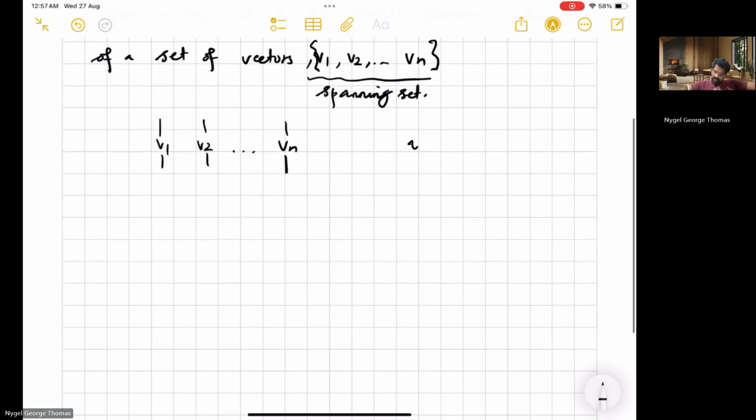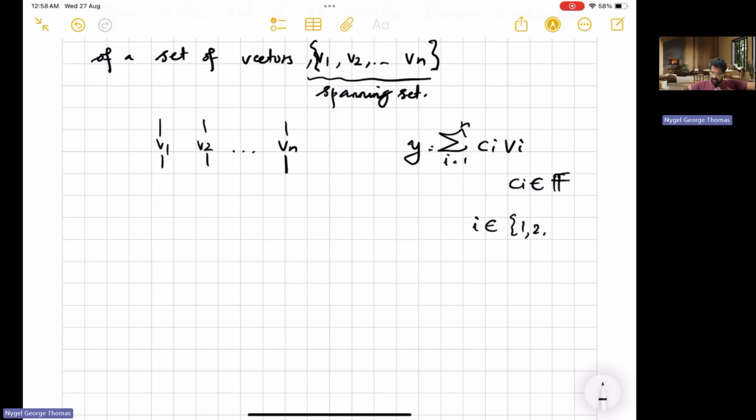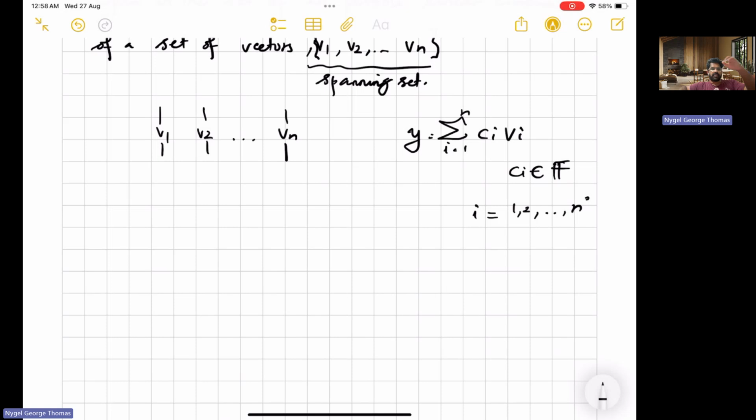We said y is a linear combination of these vectors, which can be written as sigma i equal to 1 to n ci vi, where ci belong to the field. This is how we have defined linear combination.